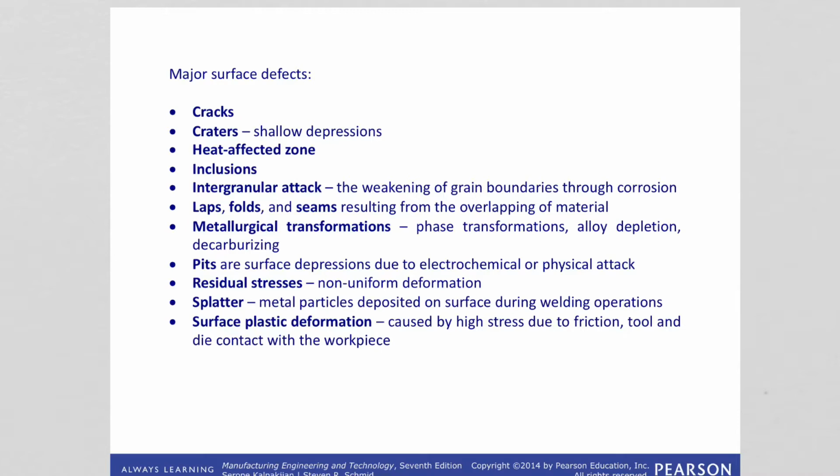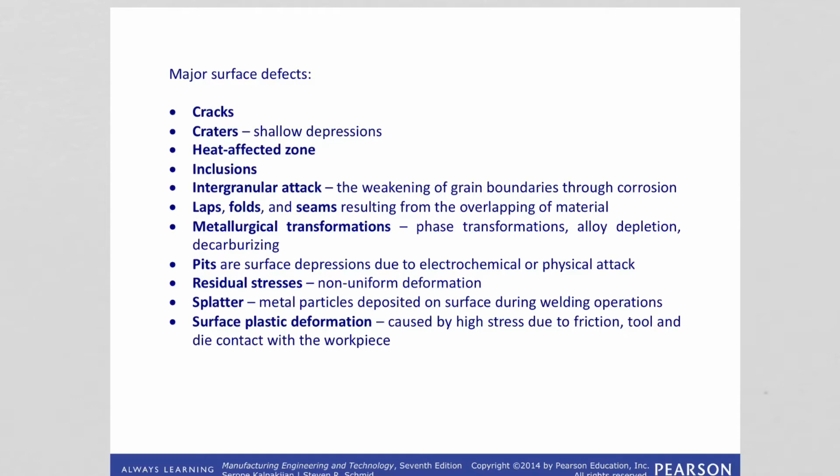And there are laps, folds, and seams. These are the surface defects resulting from the overlapping of material during processing. Remember, we have seen laps as a forging defect. And there are metallurgical transformations. These are microstructural changes caused by temperature cycling of the material.